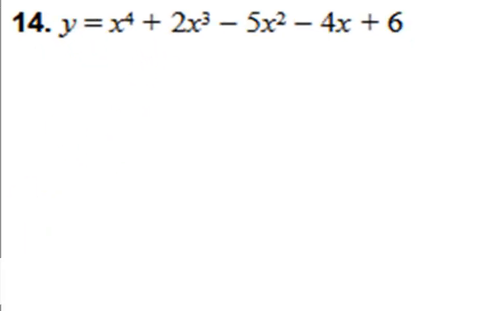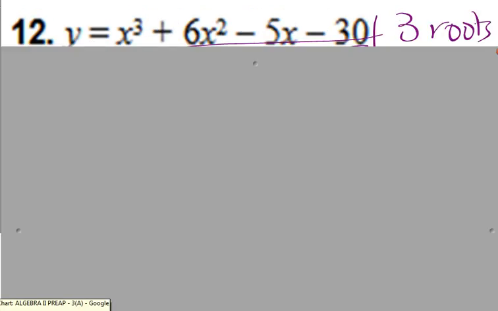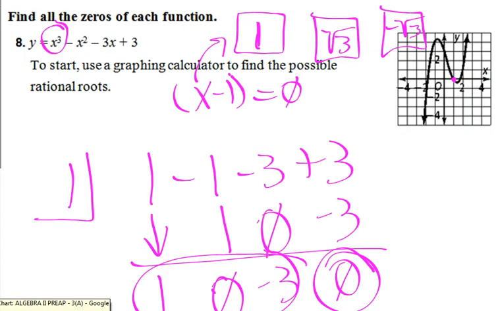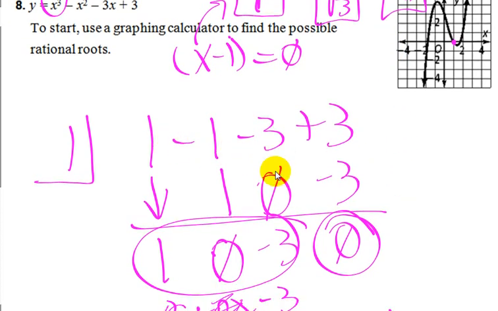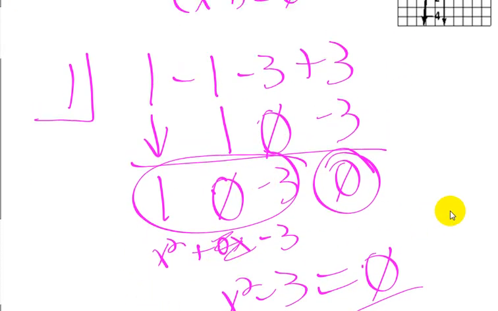We're doing 13, and there's 14. Okay, so work on those now, and I'll leave the first one up if that helps. But remember, first step is to put them in the graphing calculator to get a graph. Then do your synthetic division till you get a quadratic. Then just solve.